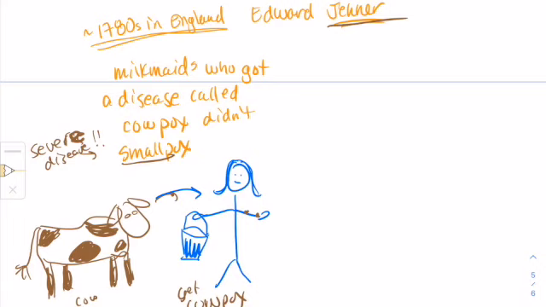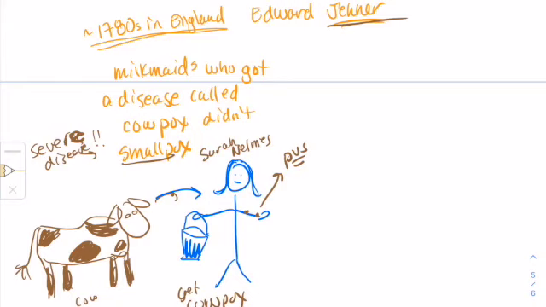Thank God. He took pus from a blister on a milkmaid. Oh, and gosh, this is so funny. The milkmaid's name was Sarah Nelms, and the cow's name was Blossom. It's so funny. And he wrote this down.